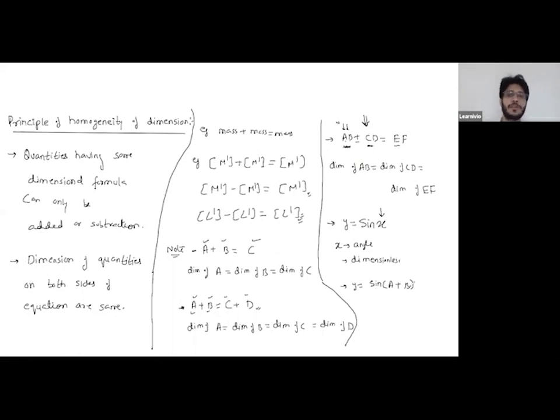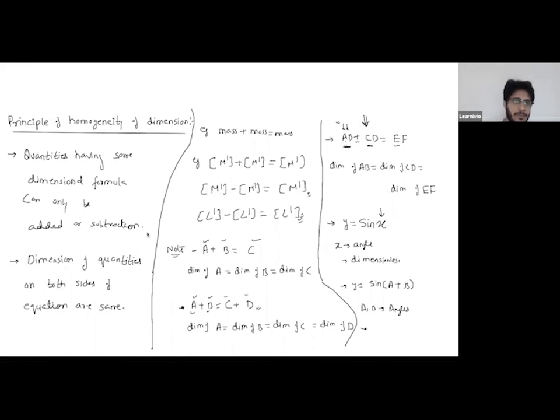Again they are dimensionless. So a and b both are angles. If you're writing y is sine of a plus b, that means both a as well as b are angles, and if they are angles, then they should be dimensionless.